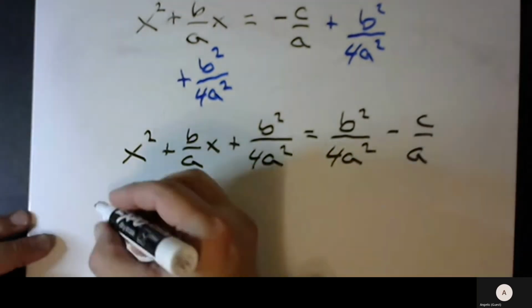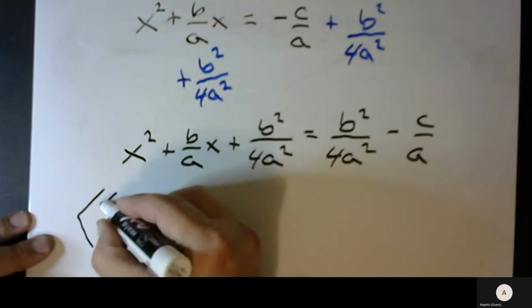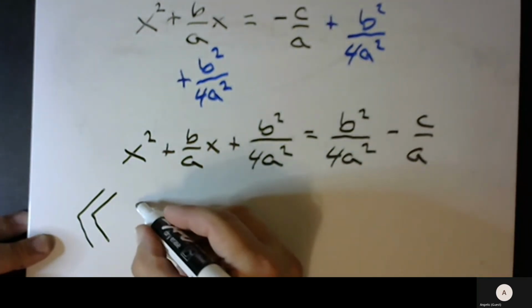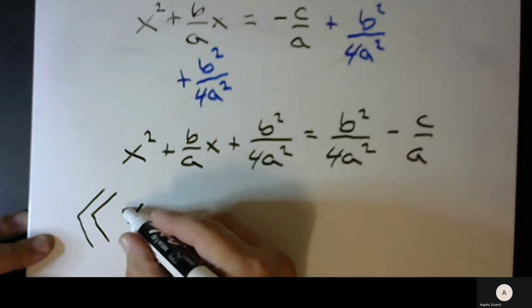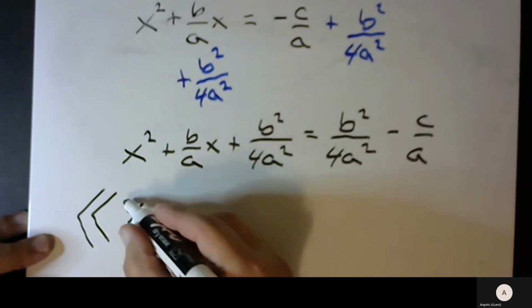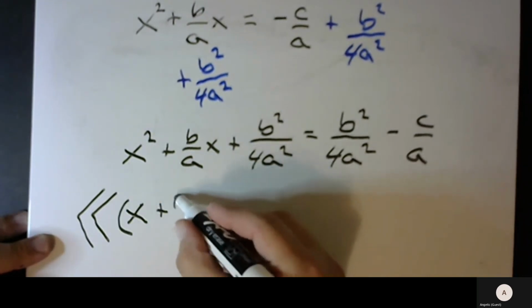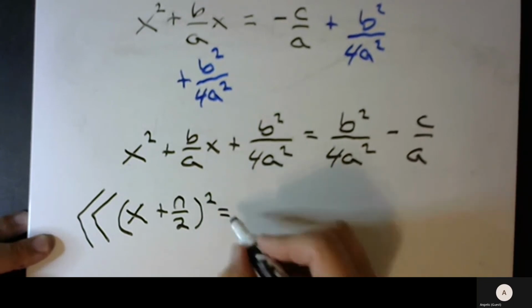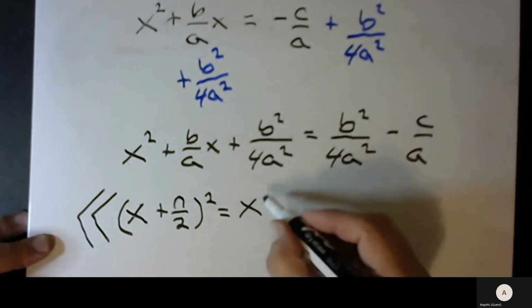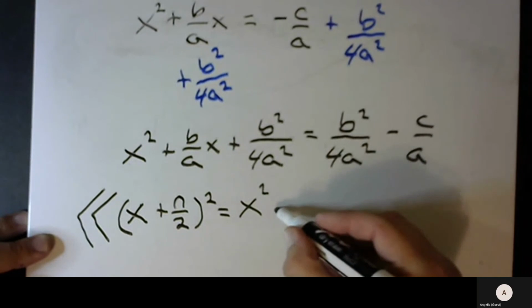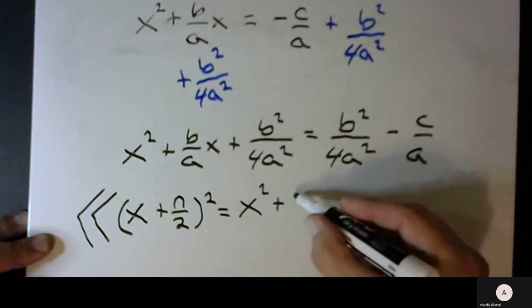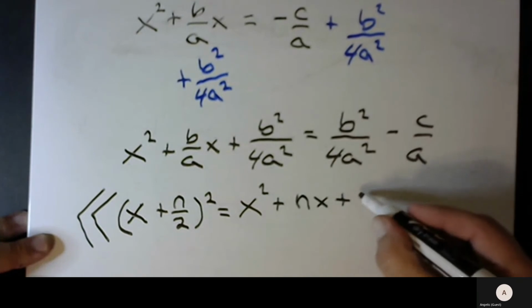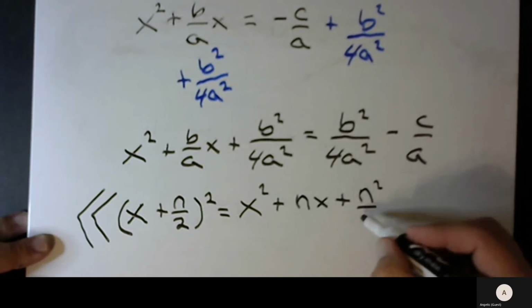So I'm going to make a little side note here. If we have x plus n over 2 squared, this is equal to x squared plus nx plus n squared over 4.